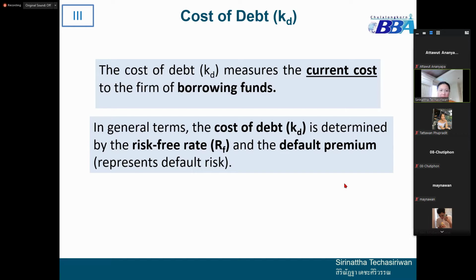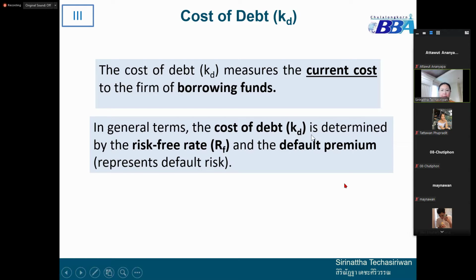The other point I want to explain is the same concept as when we talked about the components of return from the beginning, right? Every expected return has two components, the risk-free rate and the risk premium, to compensate for risk in addition to the risk-free asset. In this case, the risk premium we add is the default risk premium.